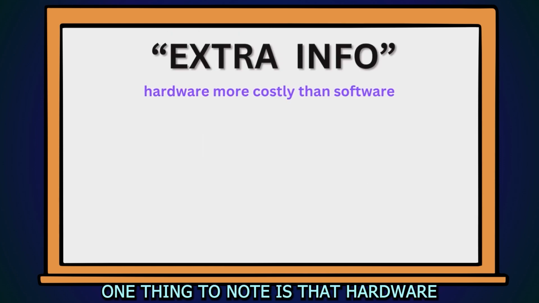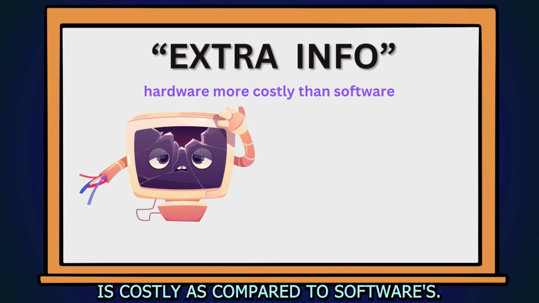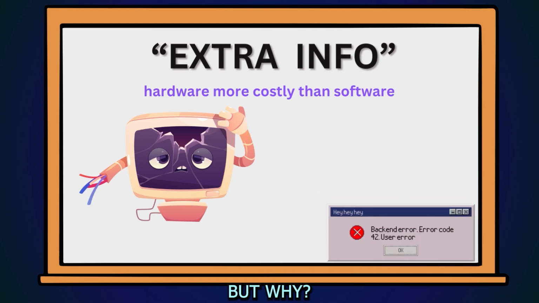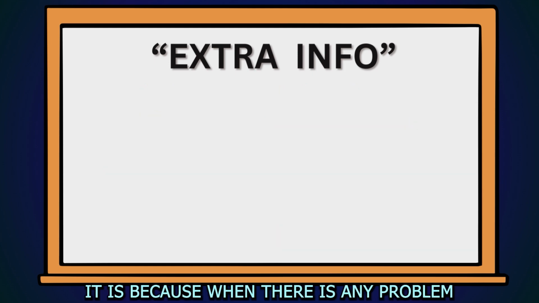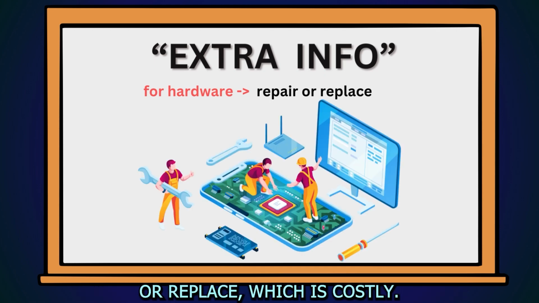One thing to note is that hardware maintenance is costly compared to software. But why? It is because when there is any problem in hardware, we have to physically repair or replace it, which is costly.